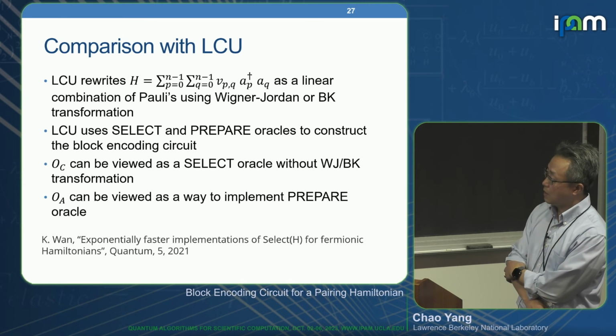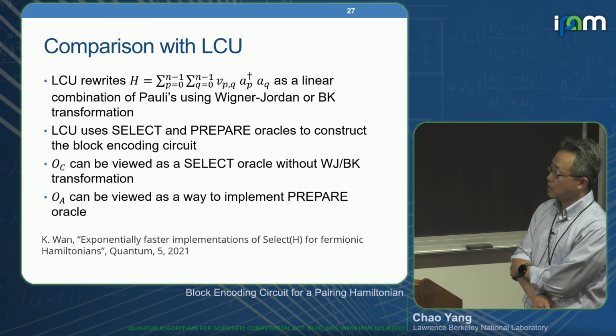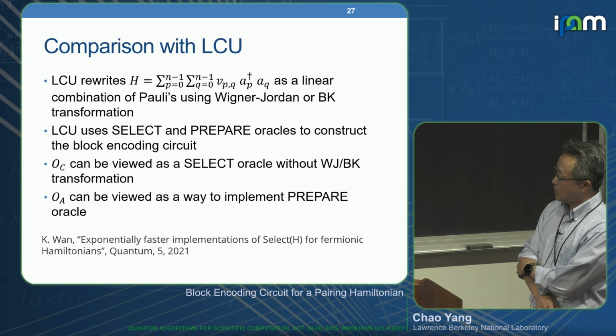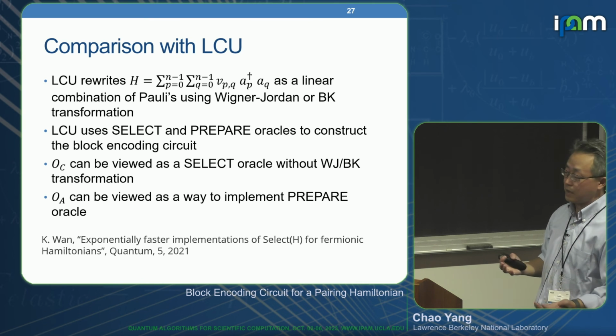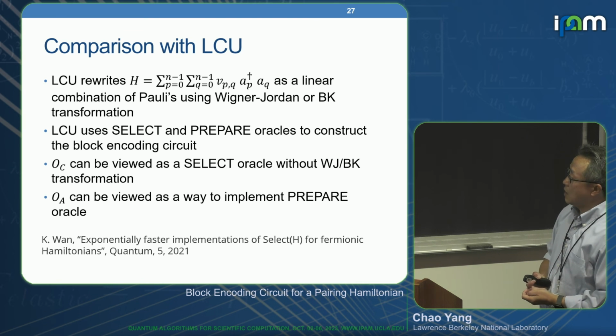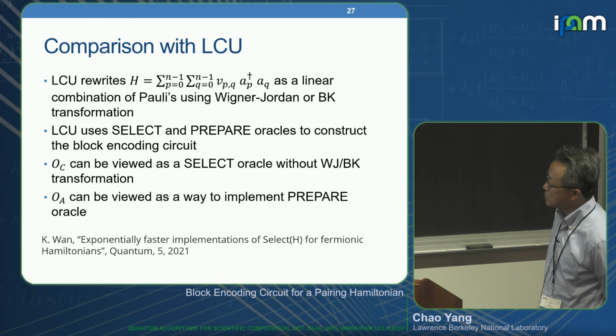This technique can be extended to general fermionic Hamiltonians in second quantization. The swaps are more complicated, but the basic idea is the same. So how do we compare that with LCU?